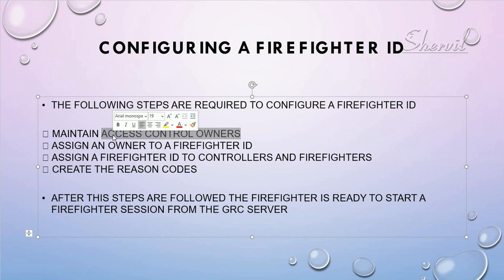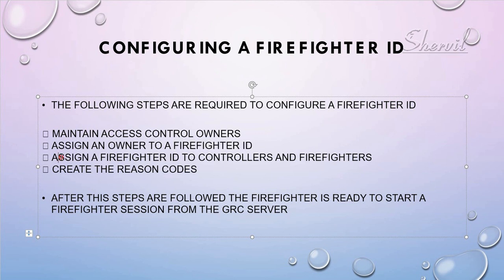And now you also need to specify the actual firefighter owner to the firefighter ID. So you say user A is going to own firefighter ID 1, or owner B will own firefighter ID B.